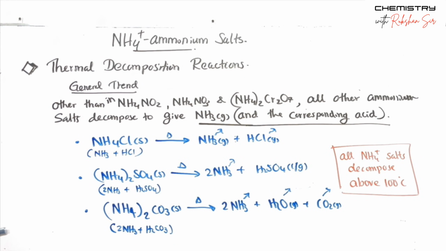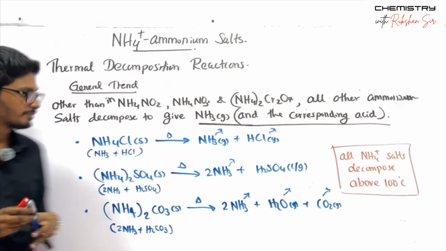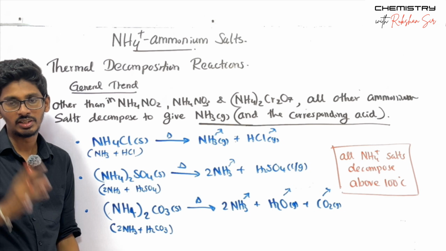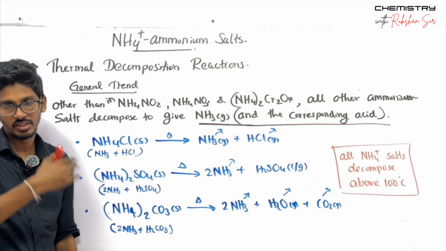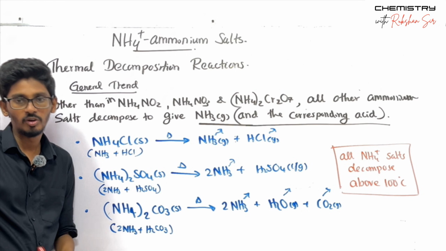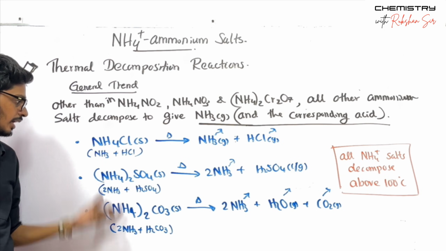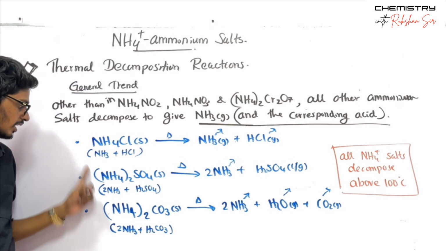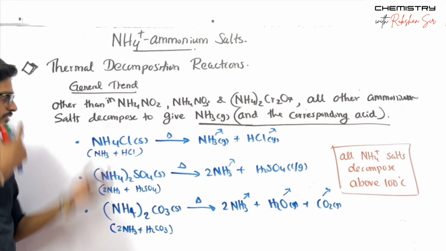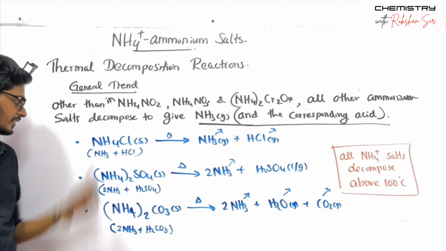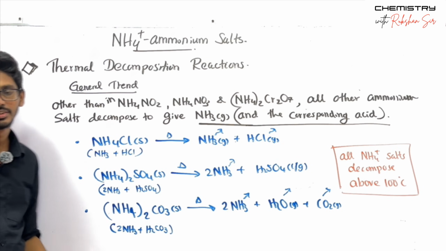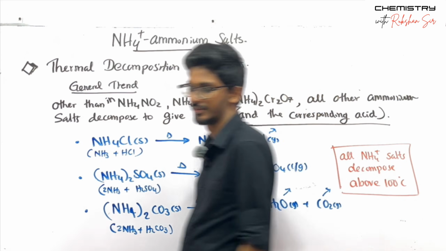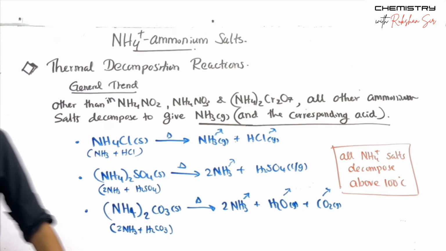The second thing we observe when seeing these reaction schemes, when coming up with the balanced chemical equations of these thermal decompositions of ammonium salts, is that the ammonium salt always comes with stoichiometry 1.